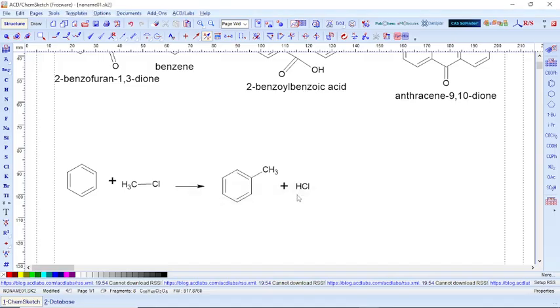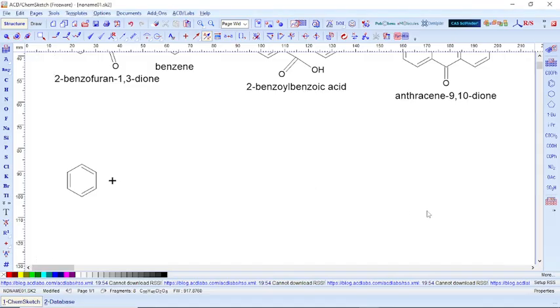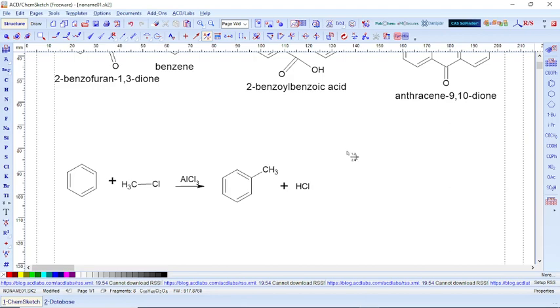So if I have such a reaction, in which we have two reactants and two products, can ChemSketch also understand the reaction and calculate for me?